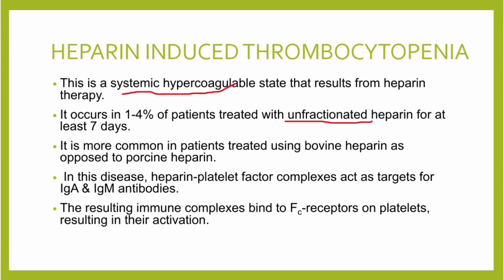It is more common in patients treated with bovine heparin as opposed to porcine heparin. In this disease, heparin platelet factor complexes will act as a target for IgA and IgM antibodies, and the resulting immune complexes will bind to Fc receptors on the platelets, resulting in activation.